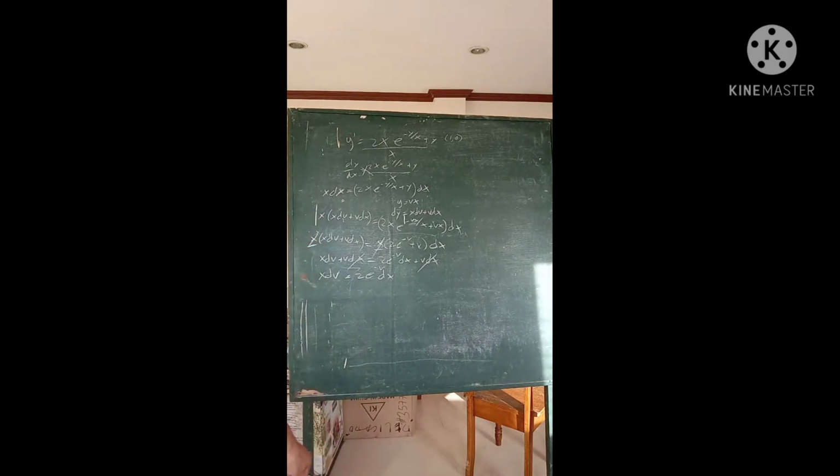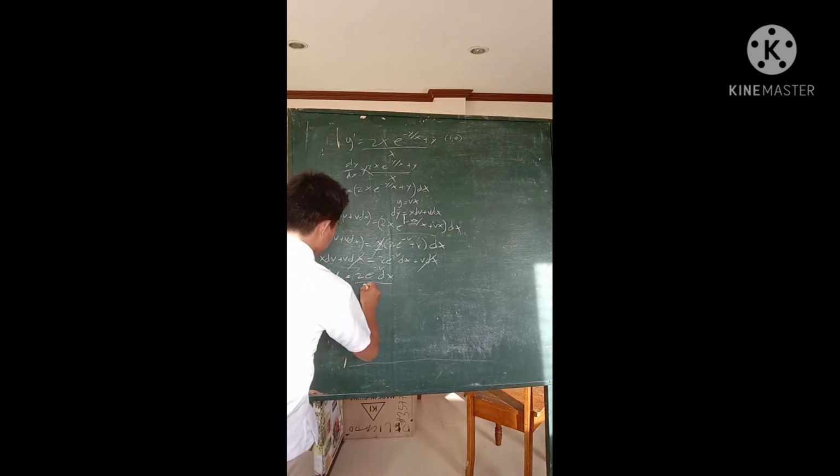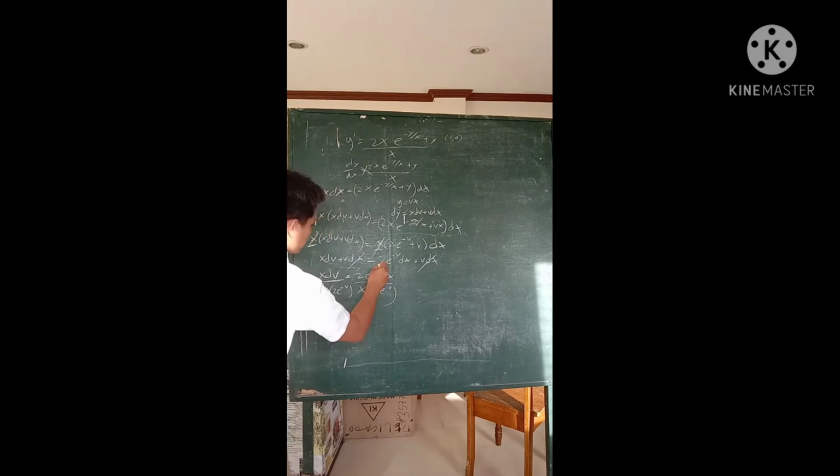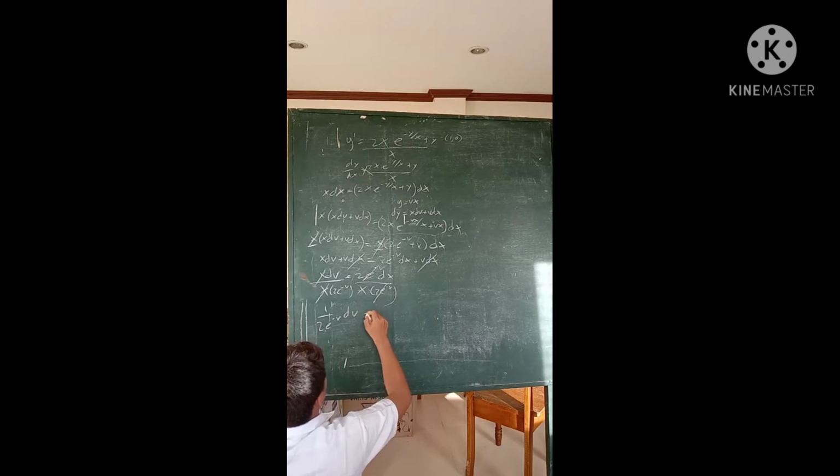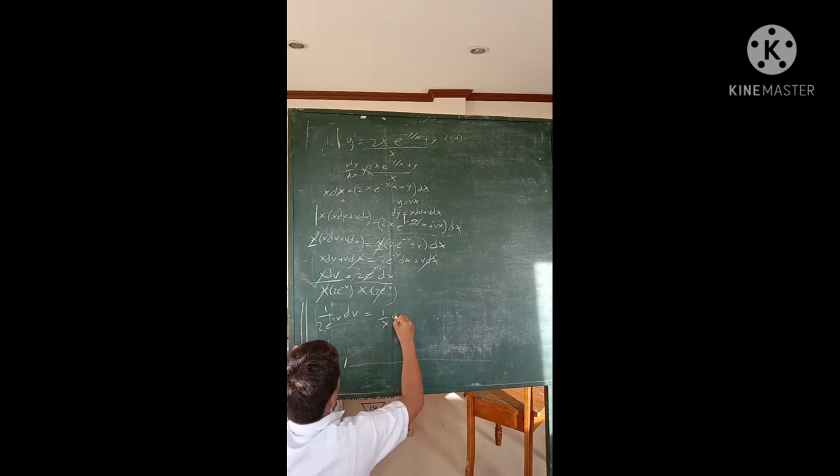So divide both sides by x and by 2e to the negative v. Cancel the 2e to the negative v, cancel the x. So the remaining is 1 over 2e to the negative v dv, and this one is 1 over x dx.